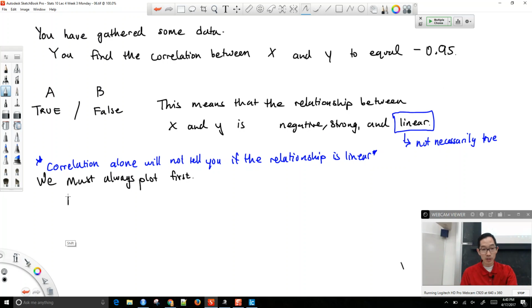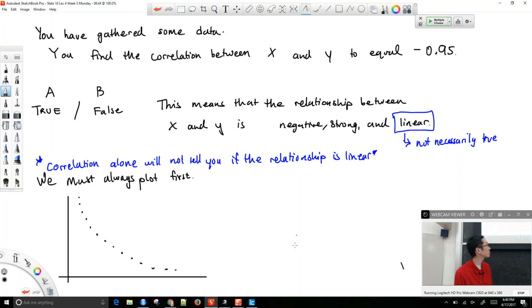So if we just punched something in, if we have data like this, this is not a linear relationship, not linear. But R is going to equal something around negative 0.95. So not linear, but R is just a formula. You can punch numbers in, and it will look like this.